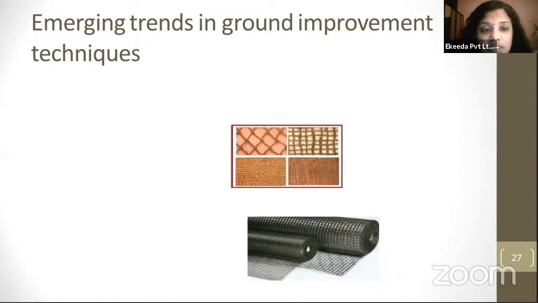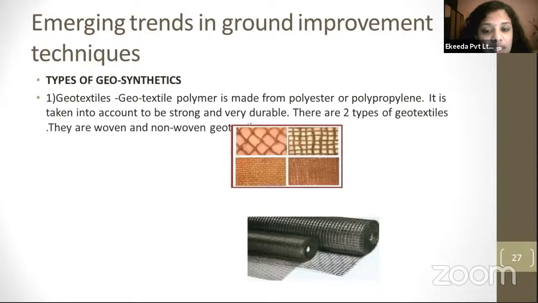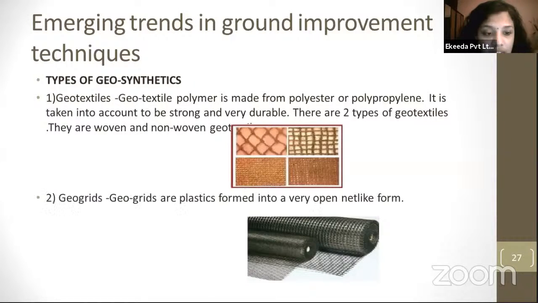The mainly used material is geotextiles. Geotextile is like polyester or polypropylene, with a net structure. Next is geogrid. Geogrid is more of a net-like form. It can be inserted into the soil to improve the property.